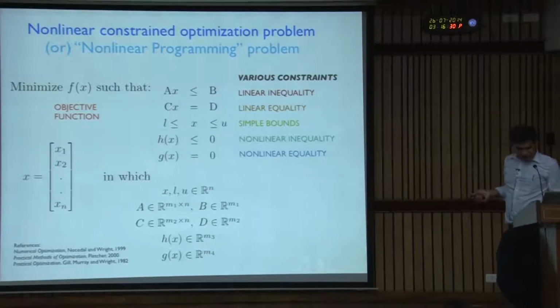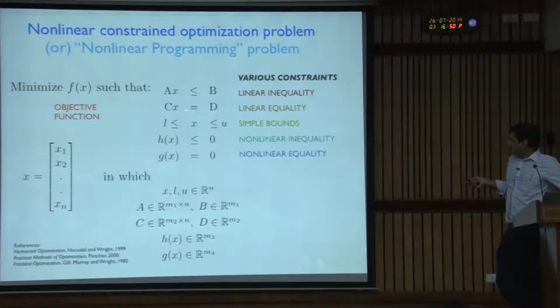You might notice that there is some redundancy in the description here. Simple bound constraints are just special cases of linear inequality constraints. In fact, linear equality constraints can also be written as 2 linear inequality constraints.